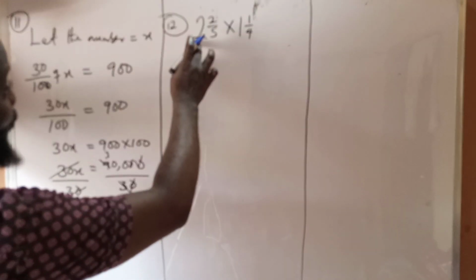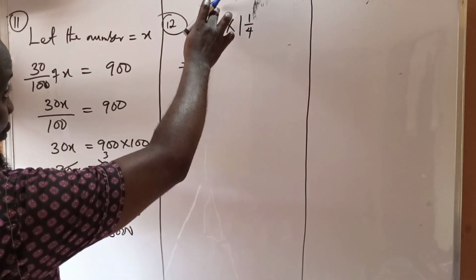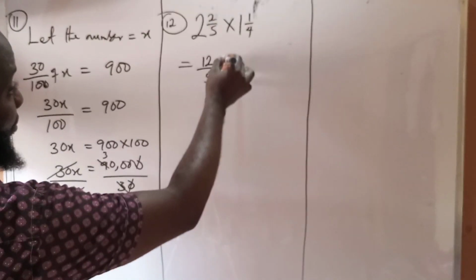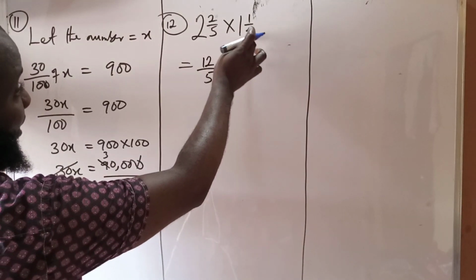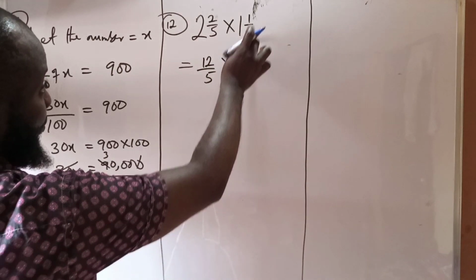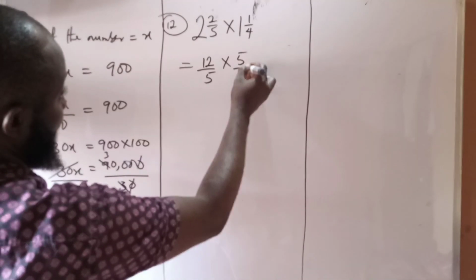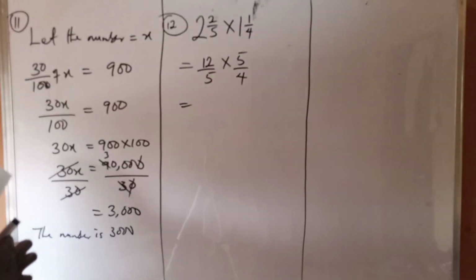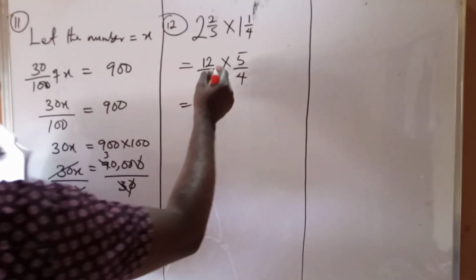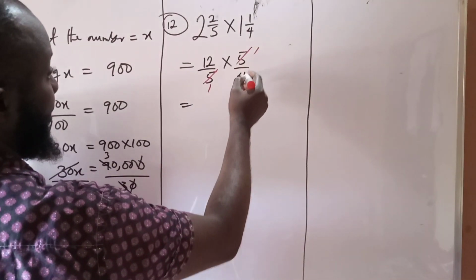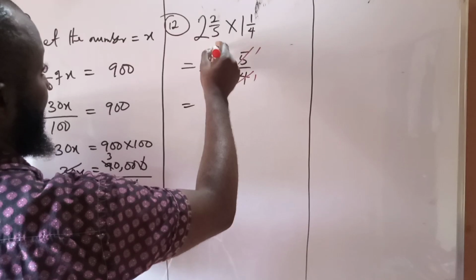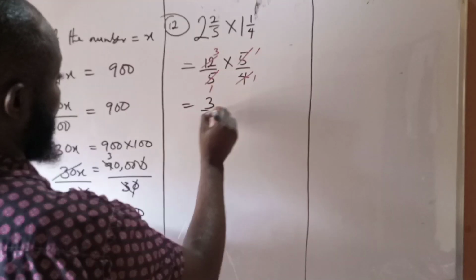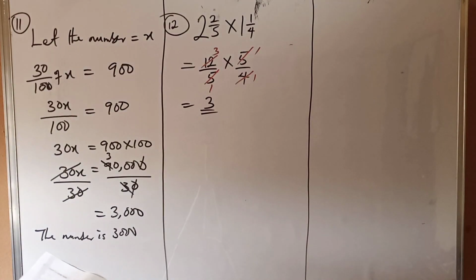So that means we're going to have 2 multiplied by 5 plus 2, that is 10, that's 12 divided by 5, multiplied by 1 times 4, 4 plus 1, that gives us 5 divided by 4. So we can divide. 5 here 1, 5 here 1, 4 here 1, 4 here 3. So which means our answer will then be equal to 3. I hope this is clear.